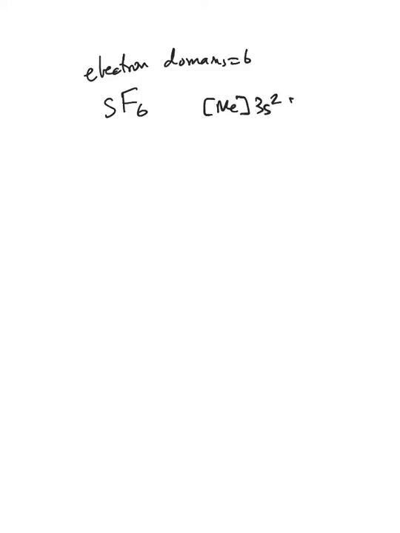So let's look at the case when the electron domains equal 6 around our central atom. Something like sulfur hexafluoride. And we're going to do a very similar process to what we just did for sp3d. Our sulfur has a neon core, 3s2, 3p4, but it's got these empty 3d orbitals that we can use.